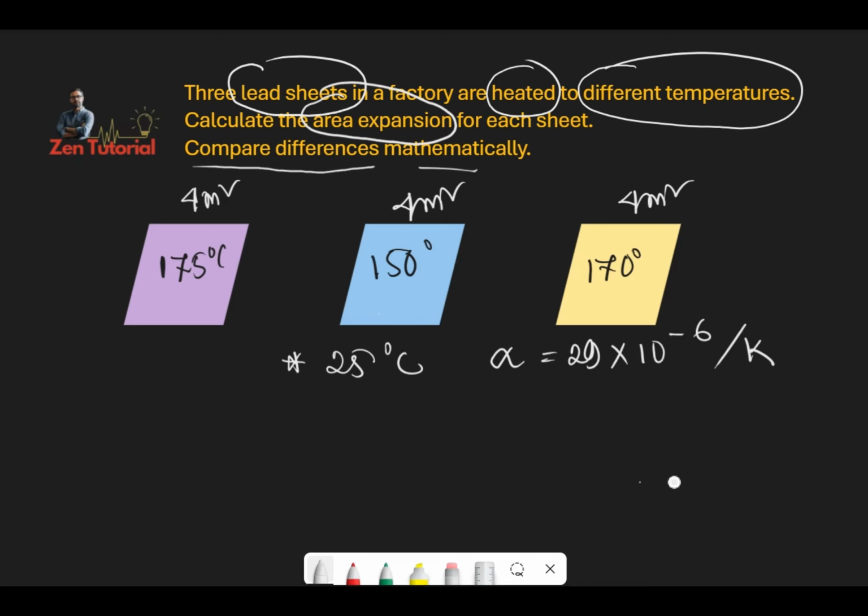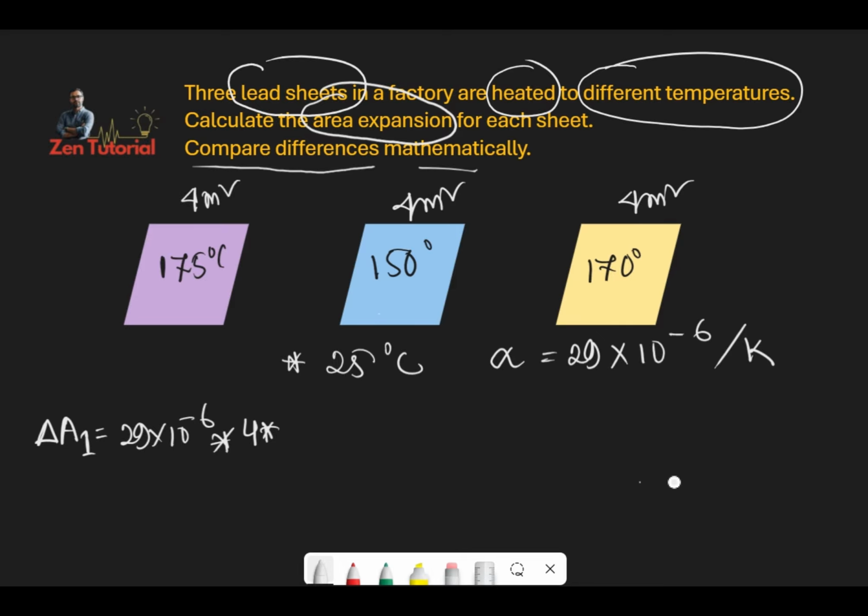Indeed, for the very first sheet, the area expansion del A1 is equal to the value of alpha, which is 29 times 10 to the power minus 6, times the area 4, and the temperature difference.